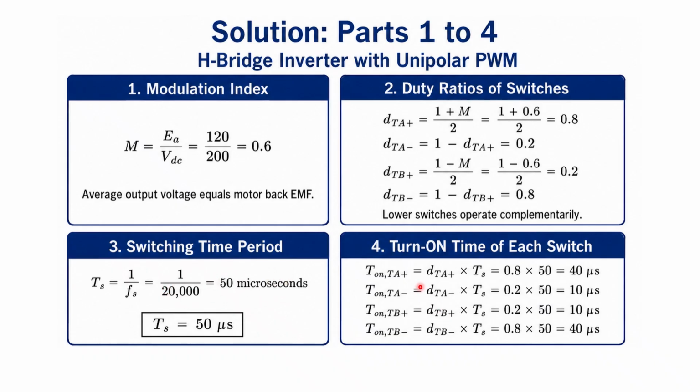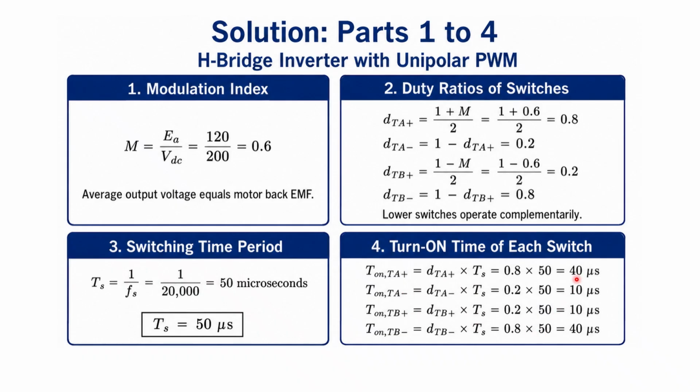Now turn on time of each switch. For each switch, we know the duty ratio, we know the switching time period. So duty ratio into switching time period will give you the turn on time for each and every switch.